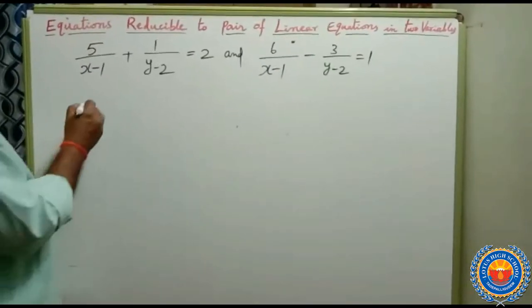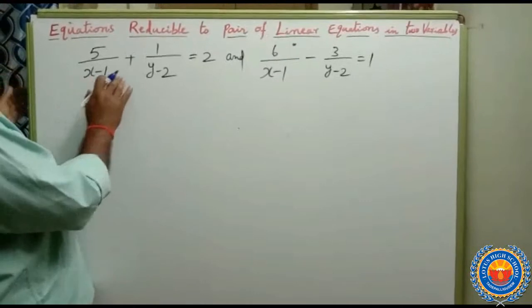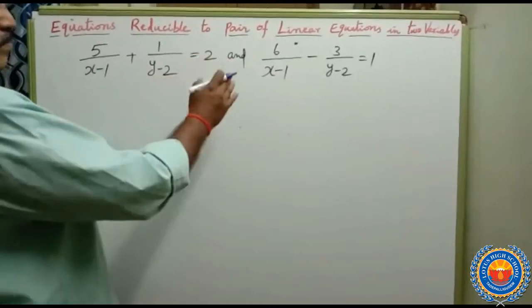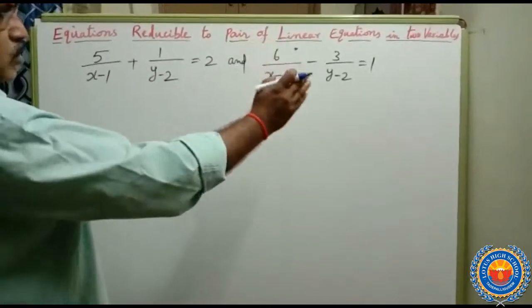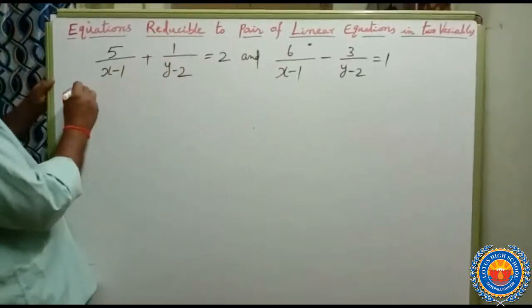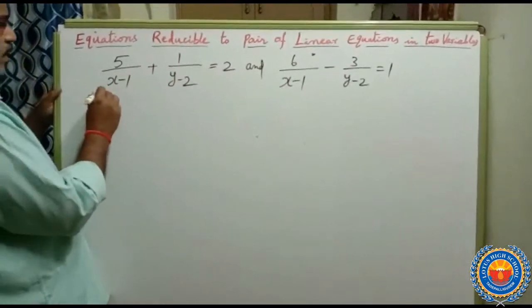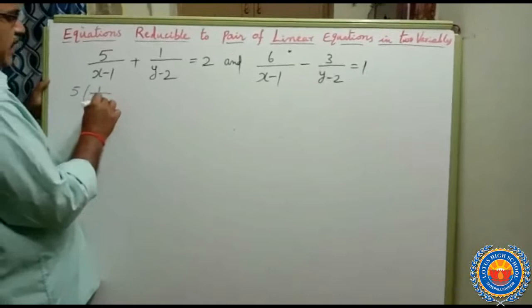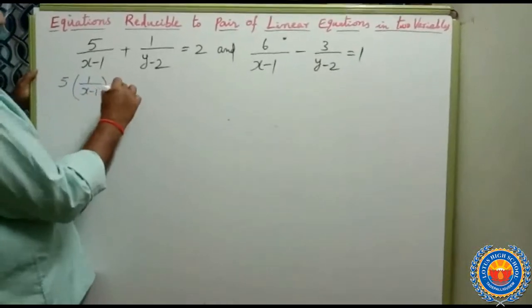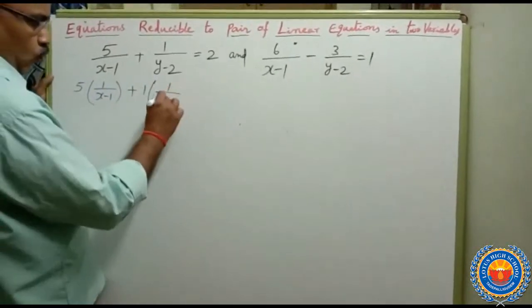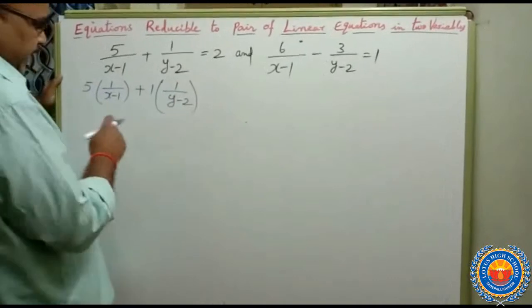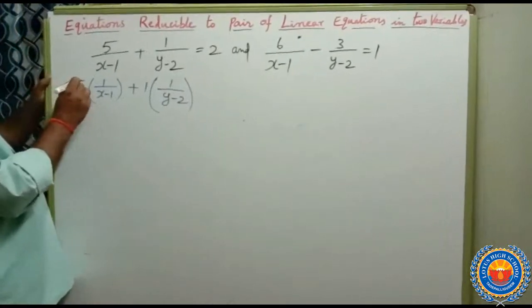Third problem. 5 by x minus 1 plus 1 by y minus 2 is equal to 2. 6 by x minus 1 minus 3 by y minus 2 is equal to 1. So this is nothing but 5 into 1 by x minus 1 plus 1 into 1 by y minus 2 is equal to 2. You can write like this.